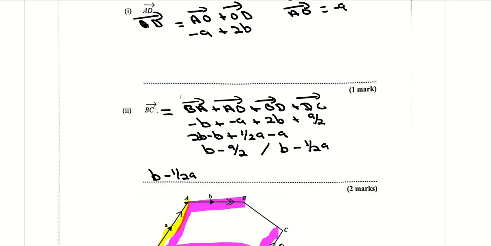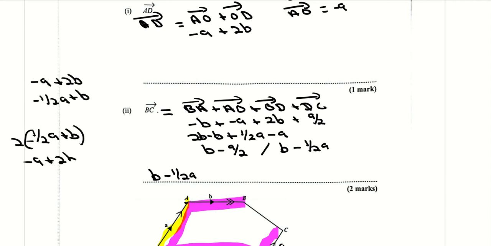So we want to know the relationship between minus A plus 2B and minus a half A plus B. We can clearly see that if we multiply minus a half A plus B by 2, you're going to get minus A plus 2B.